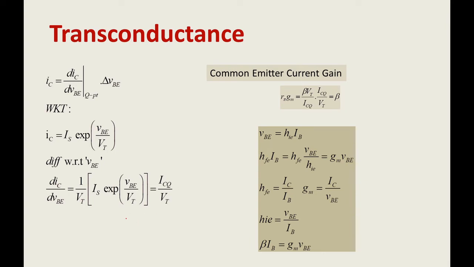Now we'll go for finding the transconductance. Generally, the basic definition is the change in the output current with respect to the input voltage. That is the basic definition of transconductance. So that is written here.